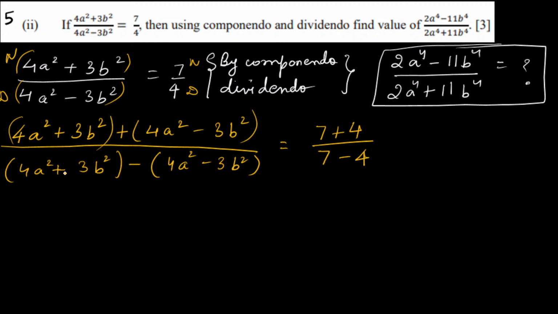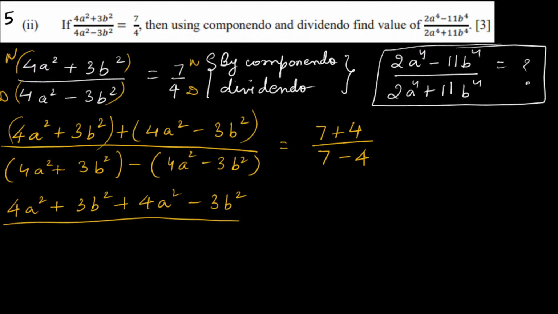Now let's open the brackets here. So plus, no sign change. So 4a square plus 3b square plus 4a square minus 3b square by 4a square plus 3b square. If minus is there, the inner signs will get changed.